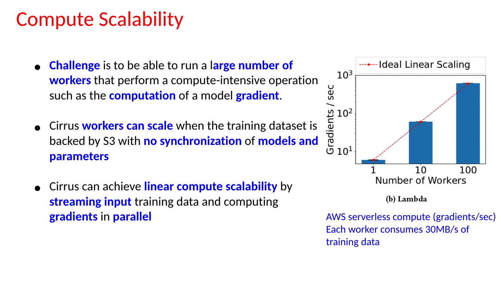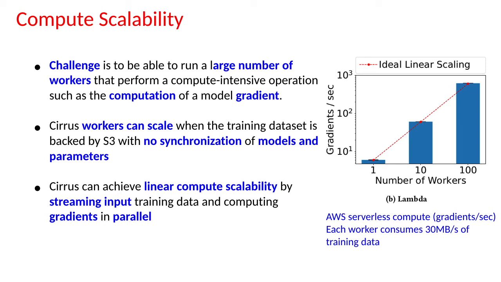CIRRUS can achieve linear compute scalability by streaming the input of the training data and computing gradients in parallel. As per the graph, the number of workers can scale from 1 to 100 for the gradient. Each worker consumes 30 MB of training data per second.